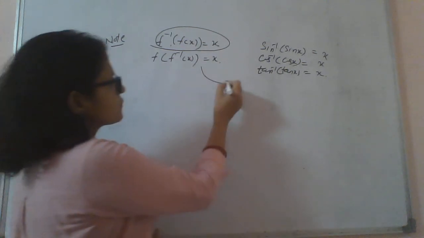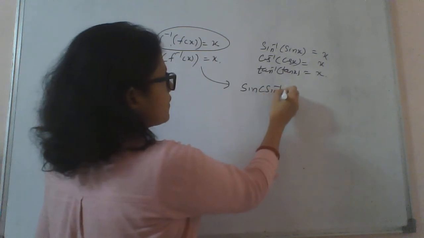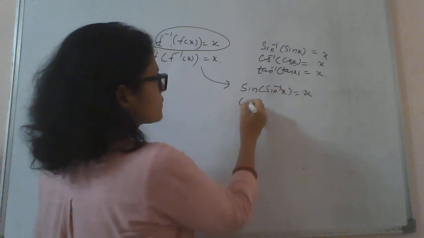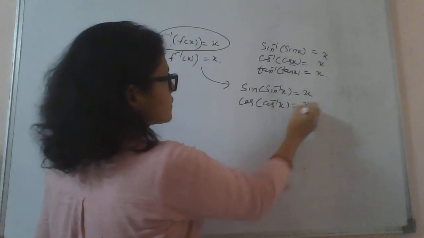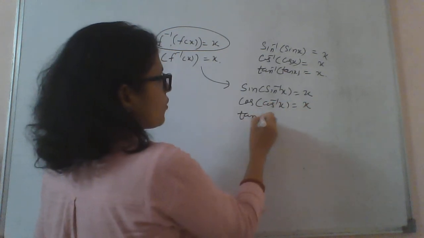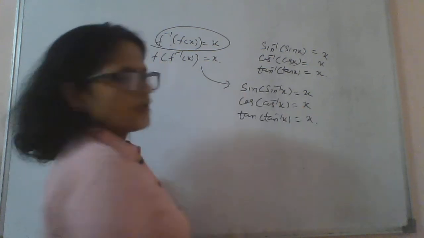Similarly, sine of sine inverse x equals x, cos of cos inverse x is x, tan of tan inverse x equals x, and so on.